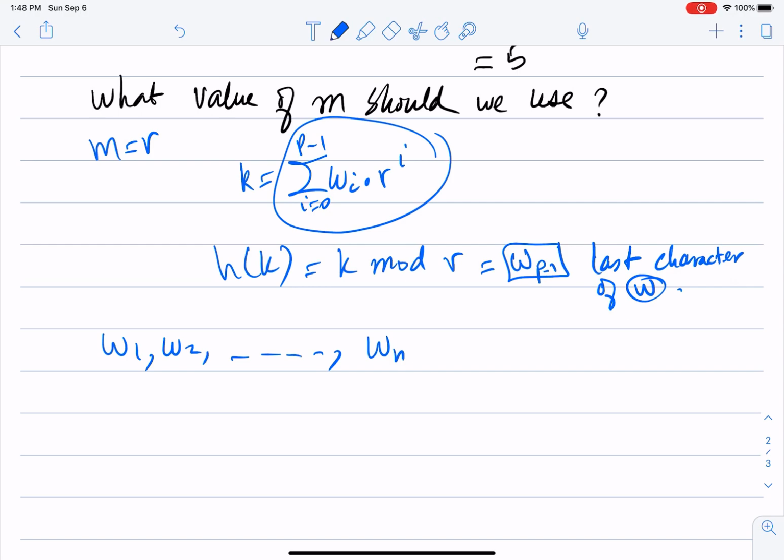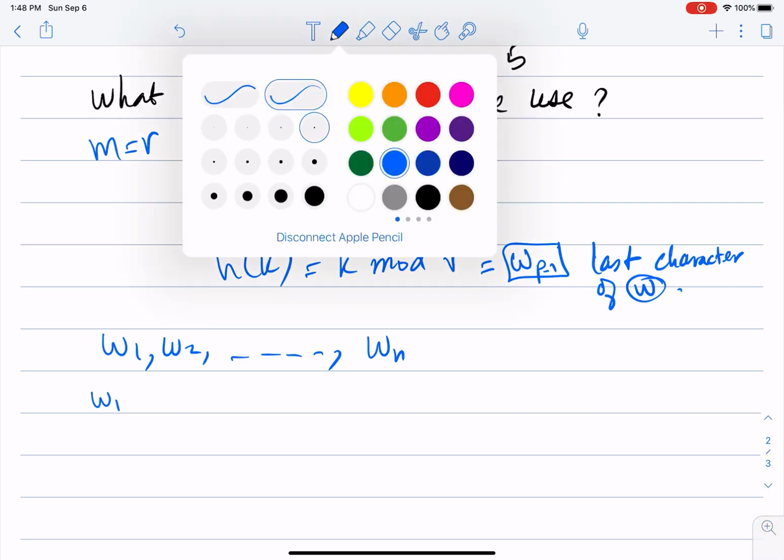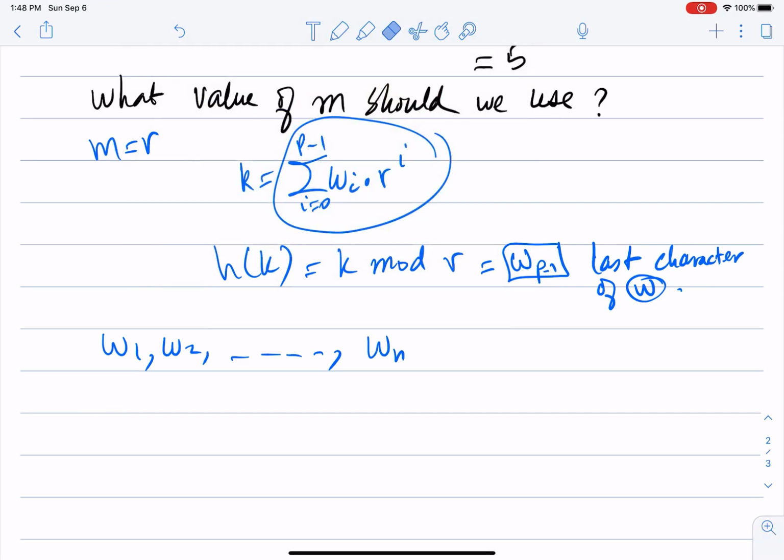By last character I mean the rightmost one, the least significant digit of this string. Let's say the last character of W1 is the code 92.